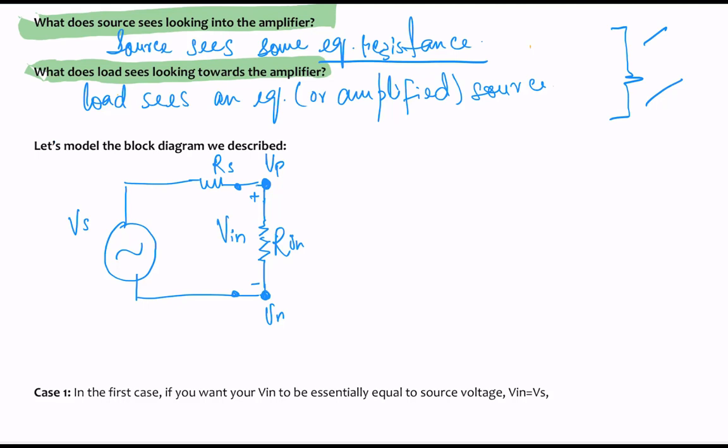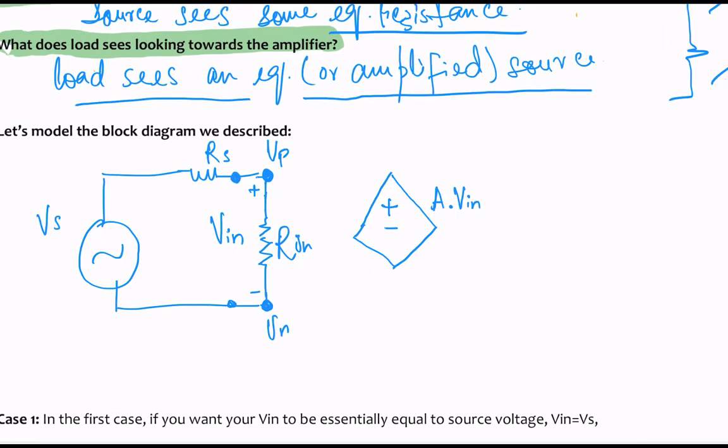The second thing was that the load sees an equivalent source, or amplified source. How do you model that? Well, when we model a dependent source, in this case, it's going to be an amplified version of the input signal, which is going to be A times Vn. Again, remember Vn is the input signal right here.